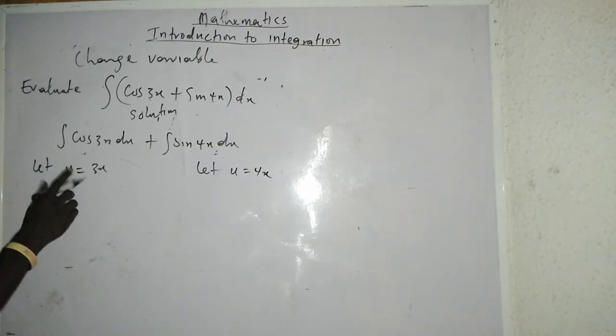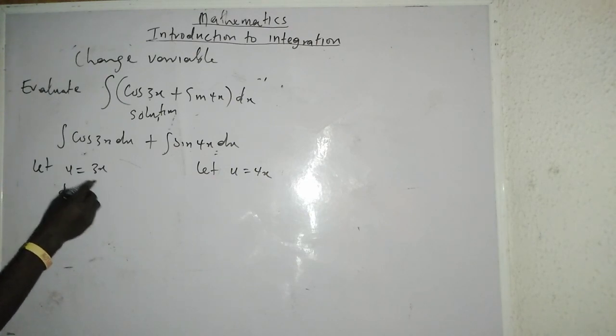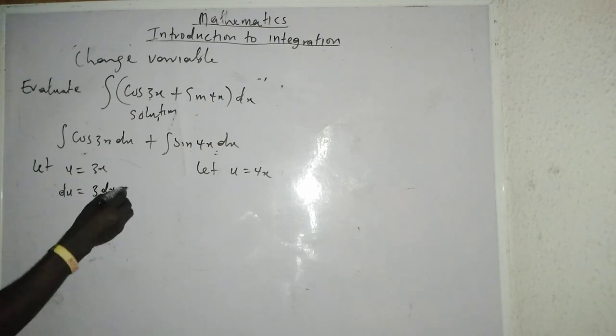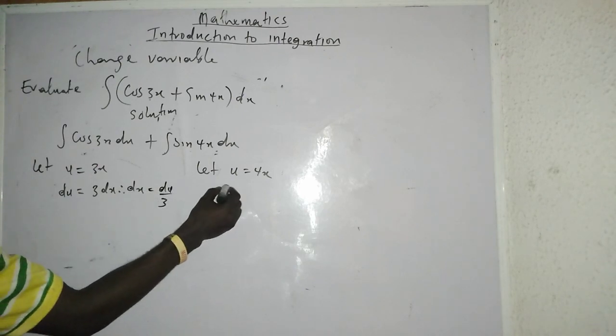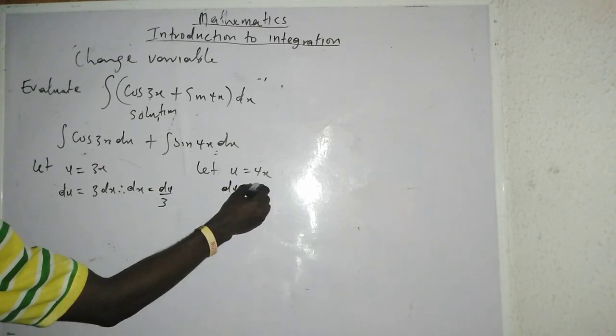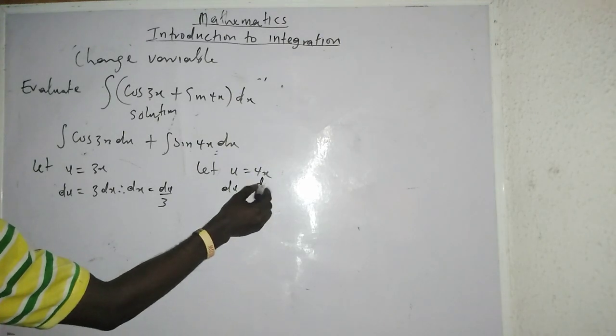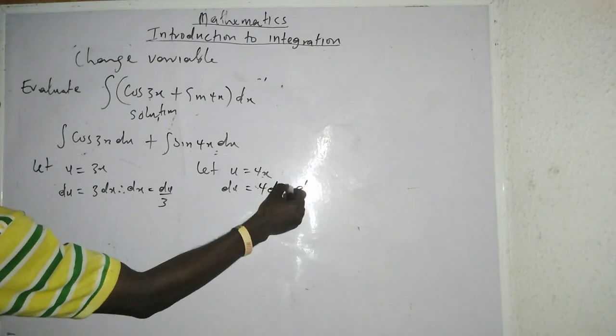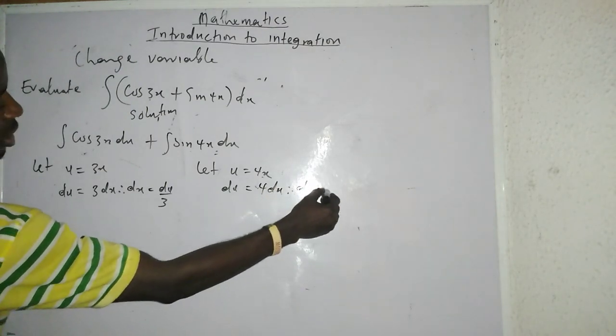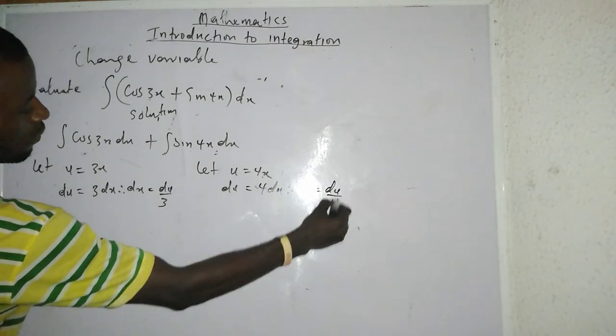Now, if I should integrate this, I have du equal to 3 dx. My dx, therefore, will be du all over 3. And also the same thing, du equals 4 dx, my dx equals du all over 4.